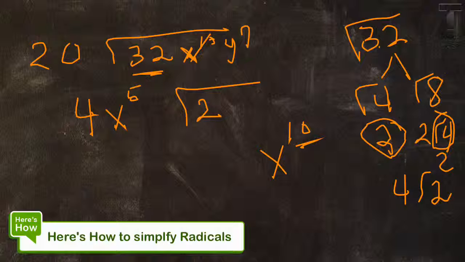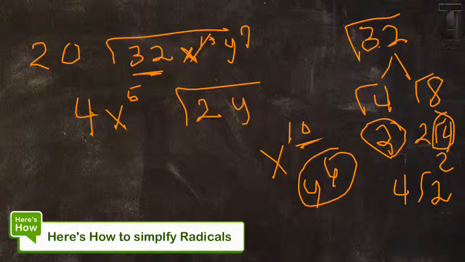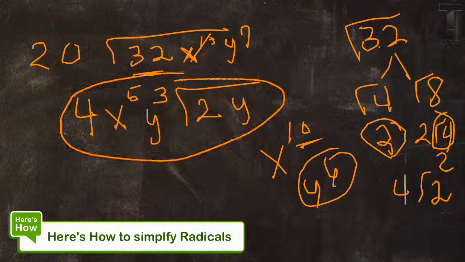So what about y to the 7th? When 7 is odd, you have to leave 1 inside, and so you have y to the 6th. To take the square root of y to the 6th, you divide 6 by 2, so you have y to the 3rd power. So this is our final answer. I'm going to just circle it right here. It's our final answer. Okay?